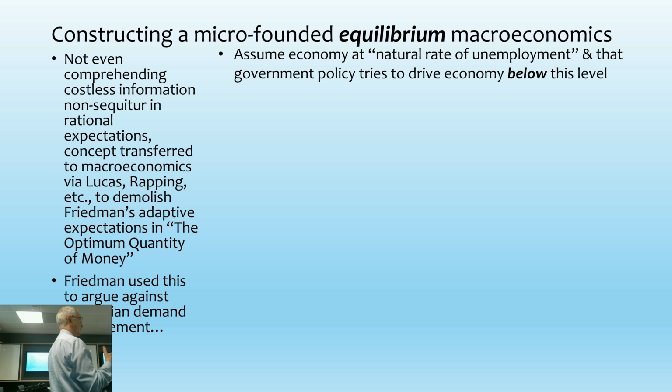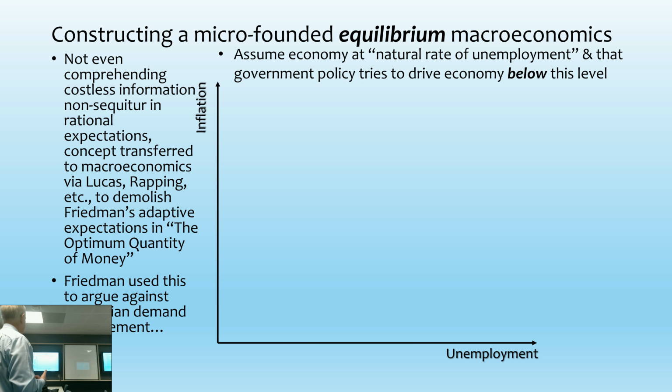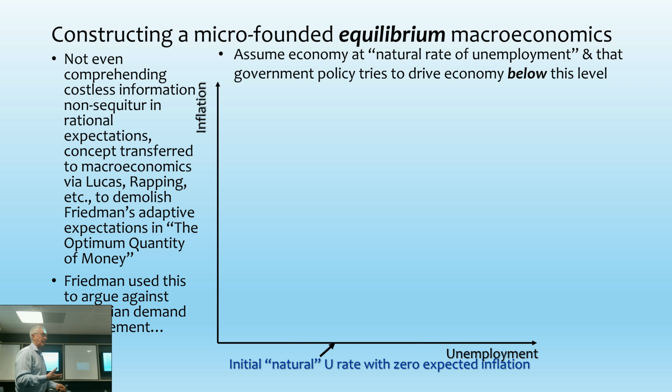So you're at the equilibrium point, and economic policy is trying to drive it below that point. Now, economic policy began in the 1930s, and I don't think you can call the 1930s a period when the economy was at the natural rate of unemployment, 25%. But this is how it's recast.